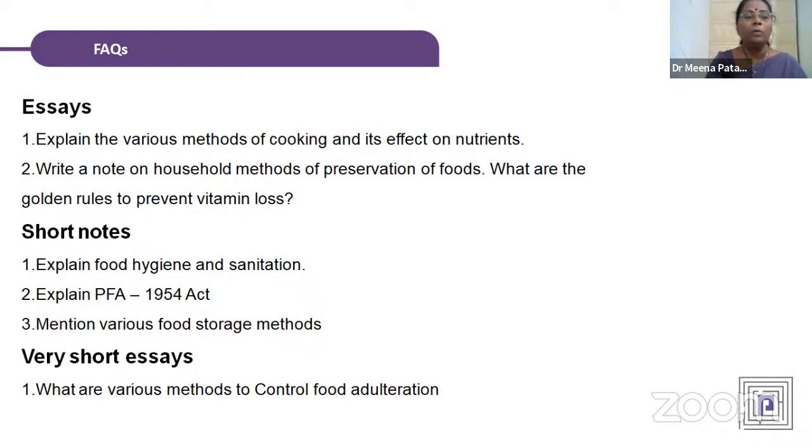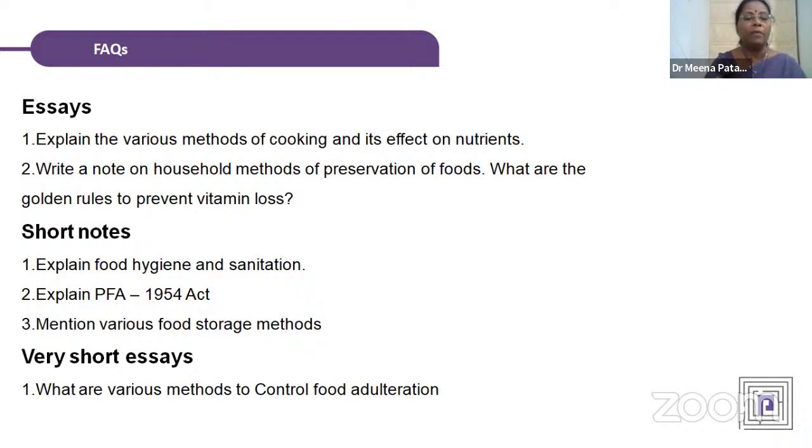And short notes. Explain food hygiene and sanitation. Explain the PFA Act, the Prevention of Food Adulteration Act, and you should also learn the FSSAI Act, since when it came into existence. That is what I suggest to you, because sometimes the examiners might ask only the current information.